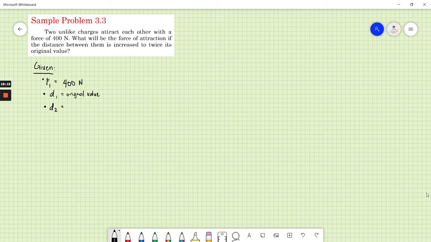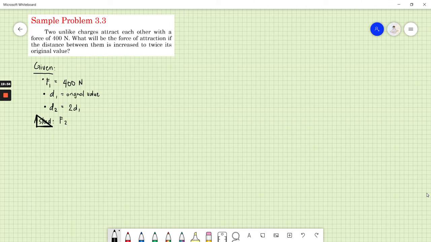But for d2, our d2 is twice the value of d1. Because it says here, what will be the force of attraction if the distance between them is increased to twice its original value? Meaning if d1 is the original value, multiplying d1 by 2 will be the value of our d2. And what is being asked is F2. What would be our new force?